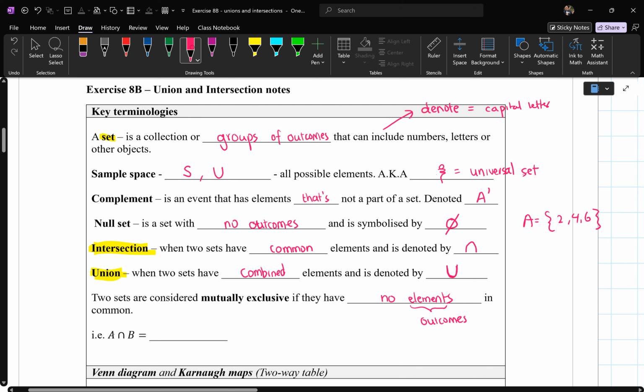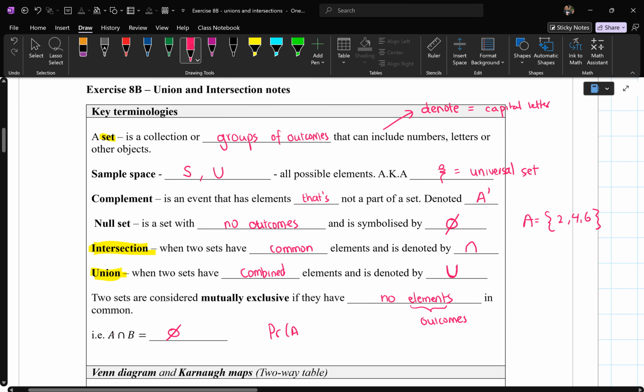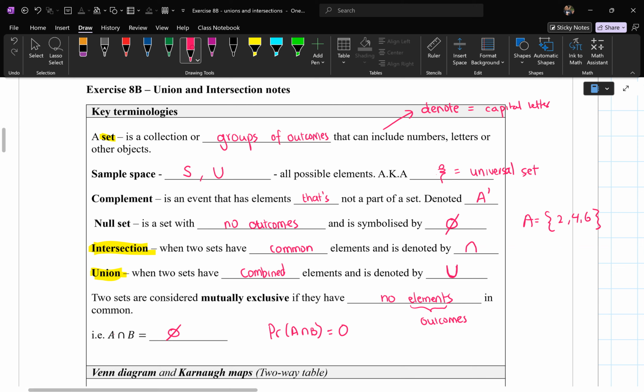So A intersection B, is there anything in common? No, there is nothing in common. Notice I didn't use 0, because if I said 0, then the number 0 is in common. Get me? So you have to use a null set for that. Unless you're talking about the probability of A intersection B, then the chances are 0. If they have nothing in common, there's no chance of it occurring: A and B won't happen, right?